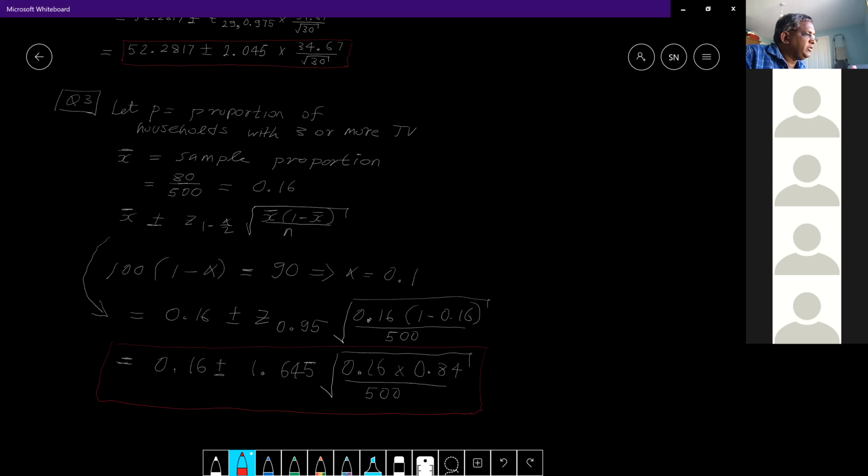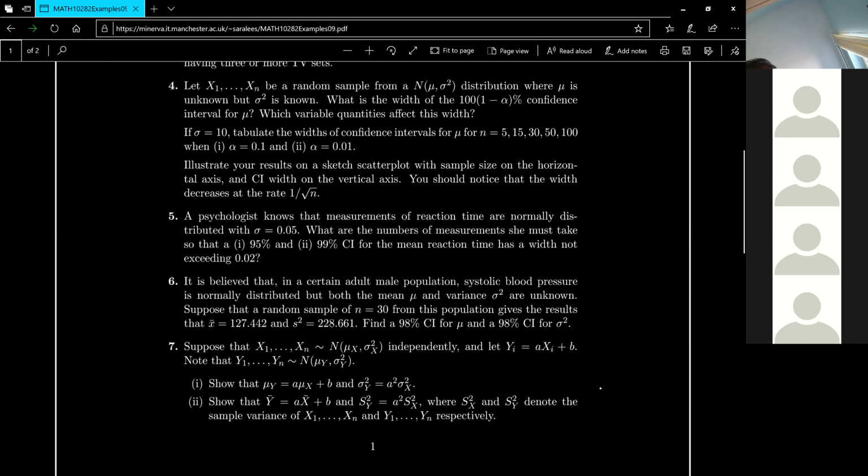Can you do question 5 now, please? Unless you have questions on what I have done so far. Question 5 is over here. Okay, here we are, so this is question 5. Can you have a go at question 5, please?